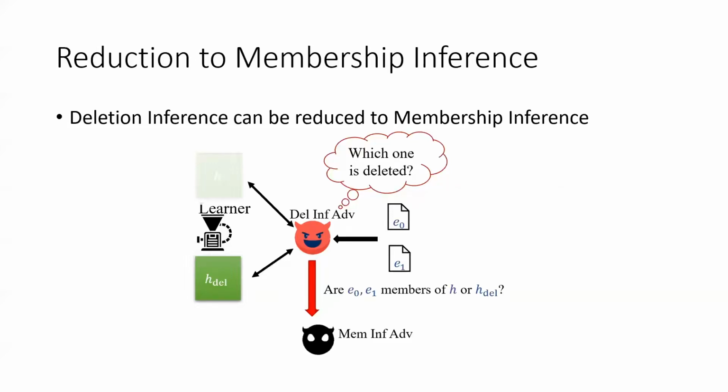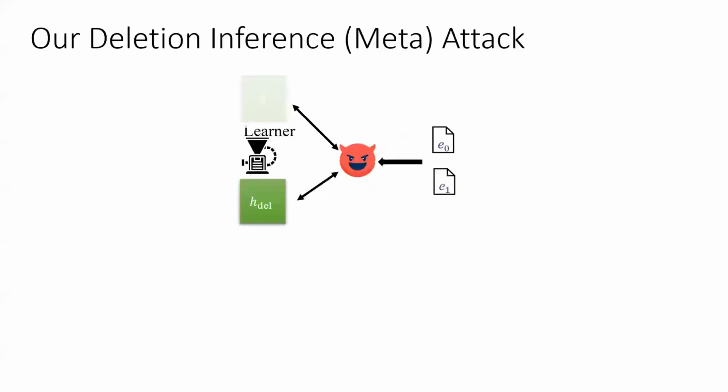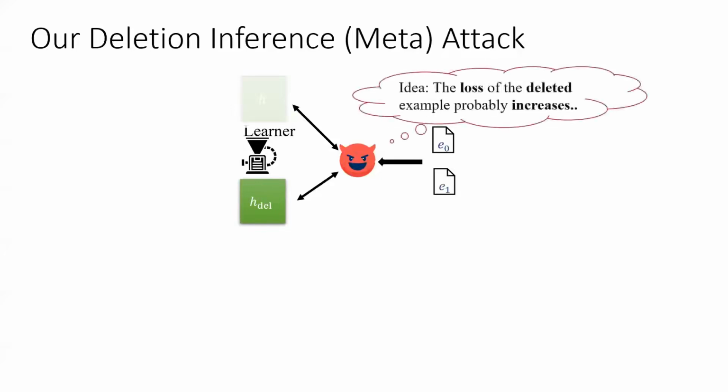Now, can we define an inference attack that can leverage this deletion scenario? We propose a simple attack. The intuition is that the loss of the deleted example should increase because it is removed from the dataset. The attack is very simple.